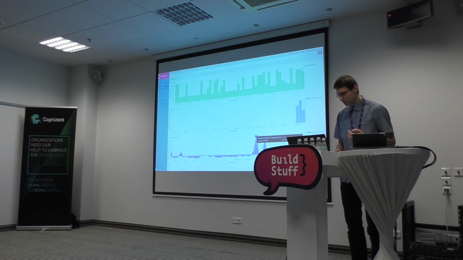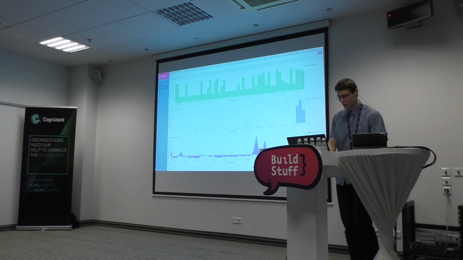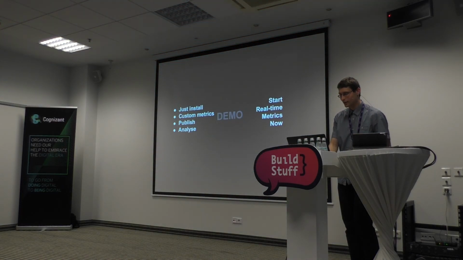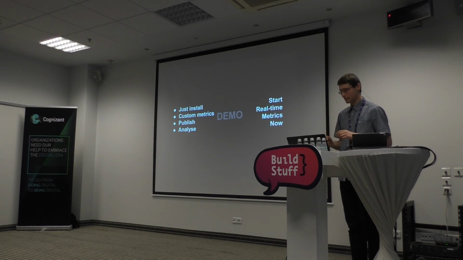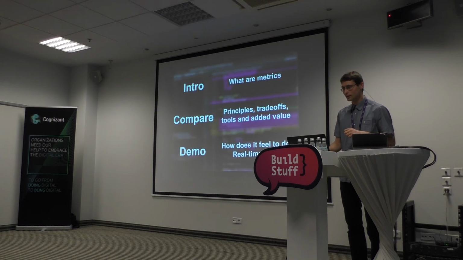For example, this is supposed to be the response time, and we see that sometimes it's negative. So I want to say that you should start using real-time metrics, so you will get all the wrong data instantly. If you are pushing a lot of logs and not using them, there's a big chance, like you see before, that there is some bad data stored, and you're paying for that data.